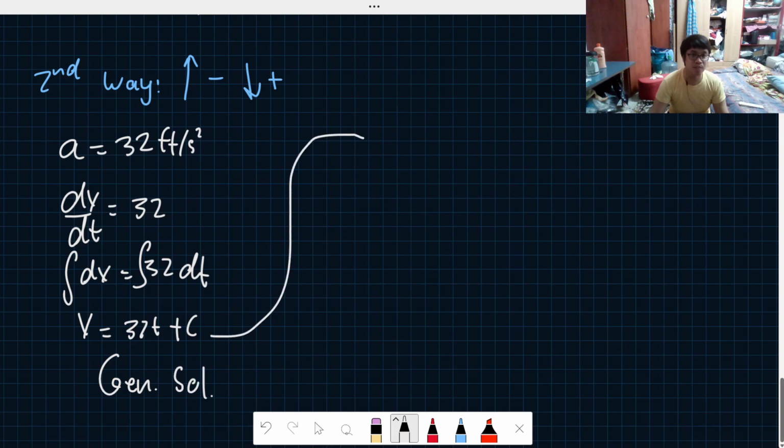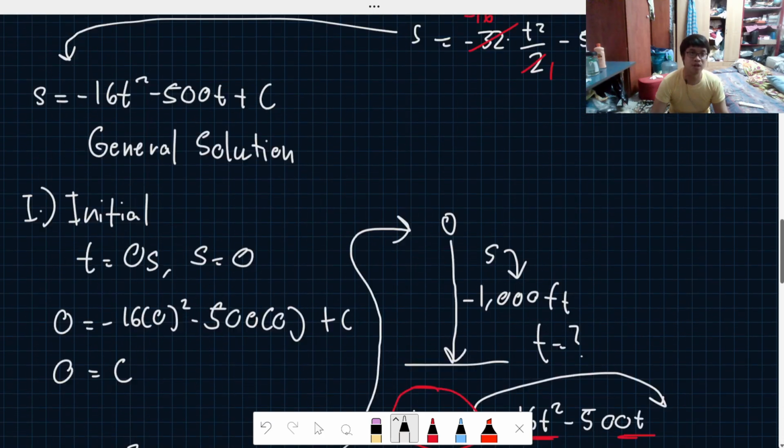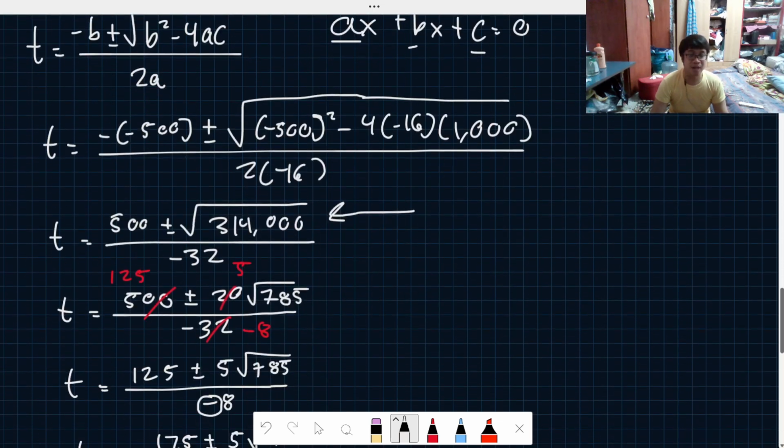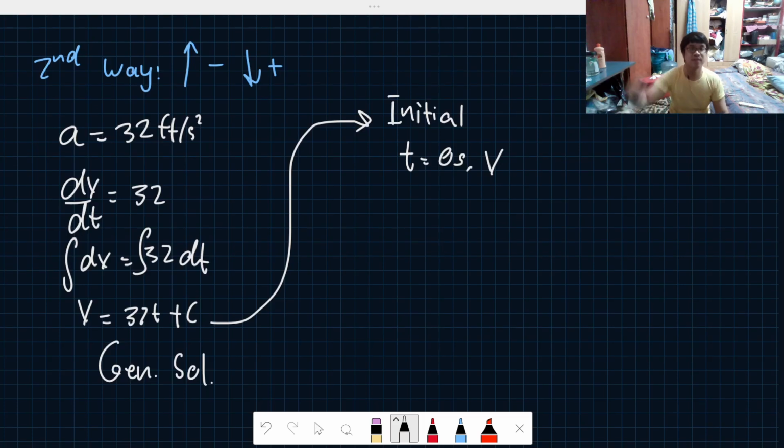Now we need to find the particular solution by basing it on the initial scenario. Remember that in your initial scenario, t is always 0 seconds. Your initial velocity is 500 feet per second, and then it's dropping down.